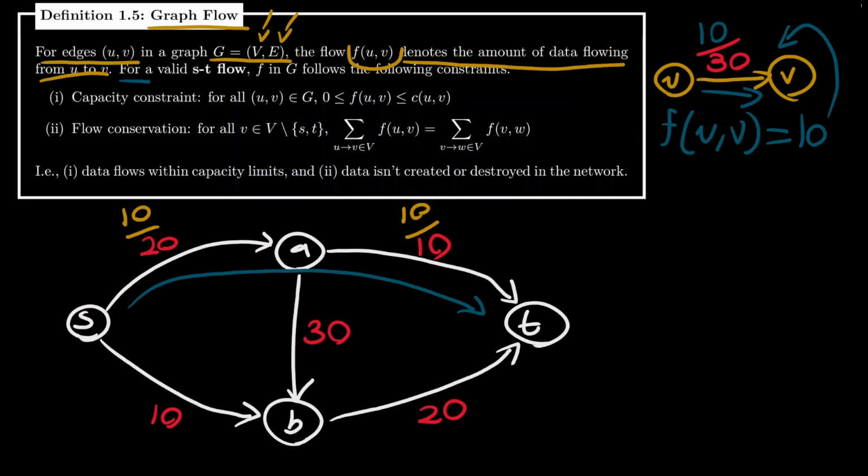And looking back at the definition, for a valid S-T flow, f in G has to follow the following constraints. So what are these constraints? First, we have the capacity constraint. We're basically looking at this constraint here.